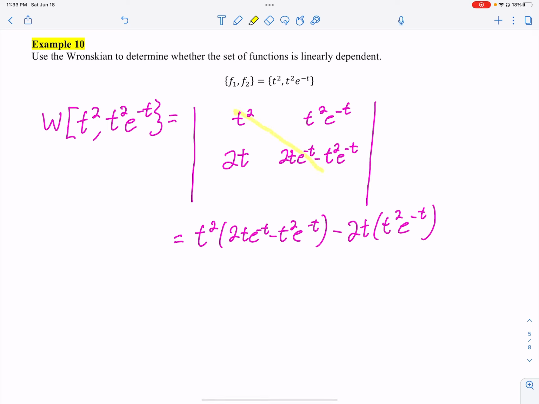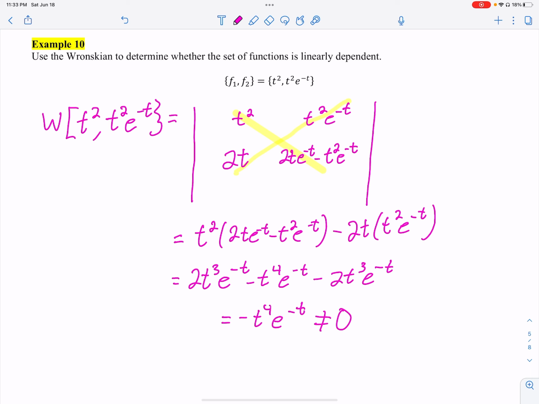We multiply those two minus multiplying those two. That is my determinant. So multiplying all this out now, we got 2t cubed e to the negative t minus t to the fourth e to the negative t minus 2t cubed e to the negative t. This equals negative t to the fourth e to the negative t.